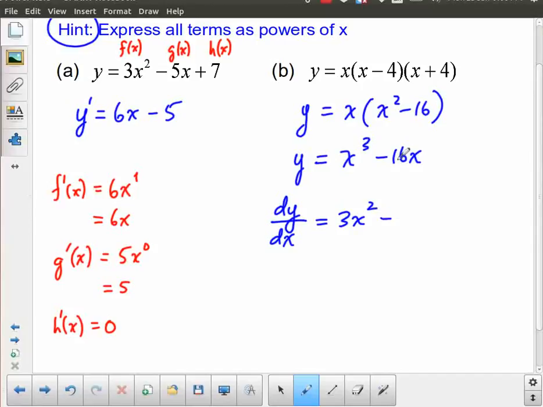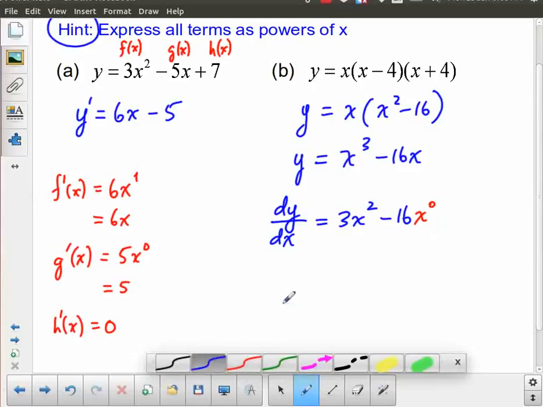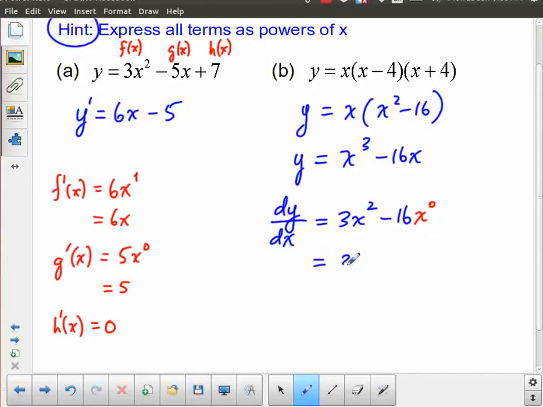Minus 16x to the power 1. I bring the 1 down. That's still 1 times 16 is 16. But x to the power 1, 1 minus 1 is equal to 0. This becomes x to the power 0. But x to the power 0 is simply equal to 1. So that becomes 3x squared minus 16.